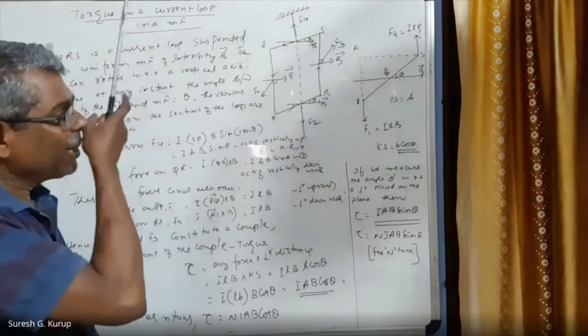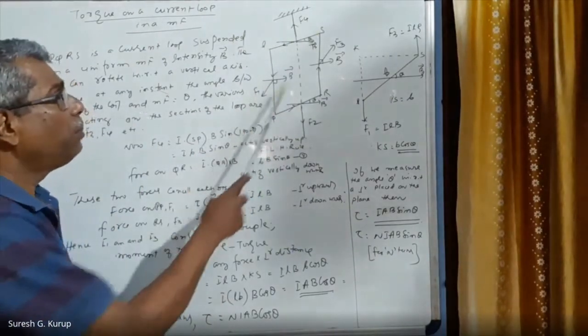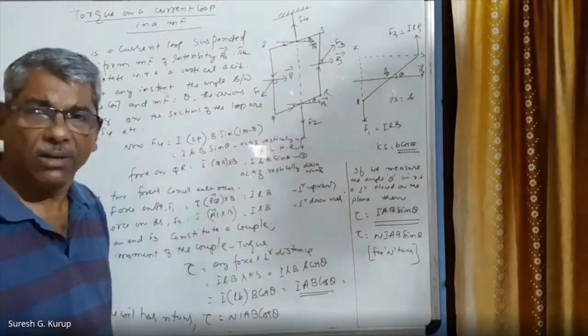Now remember that this loop is kept in the magnetic field such that the plane of the coil is making an angle theta with the field, right?